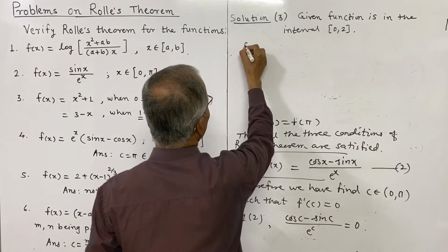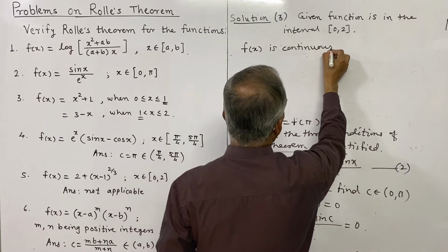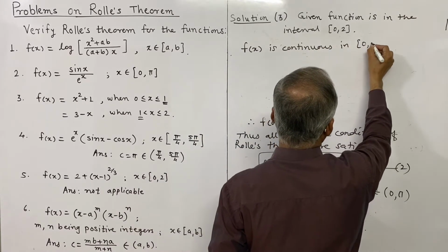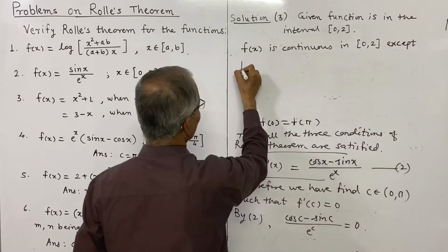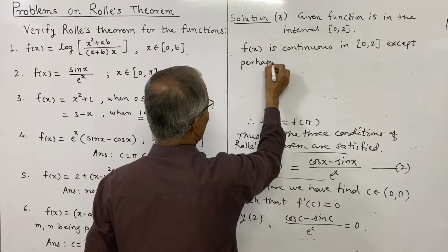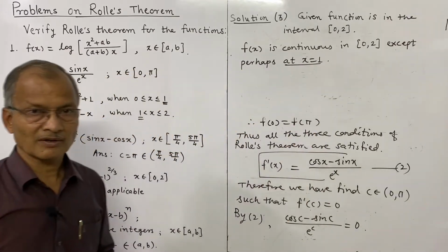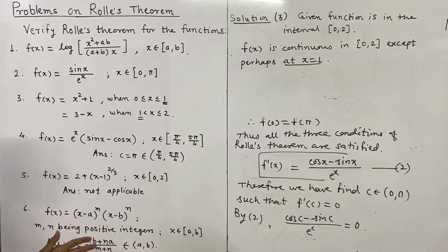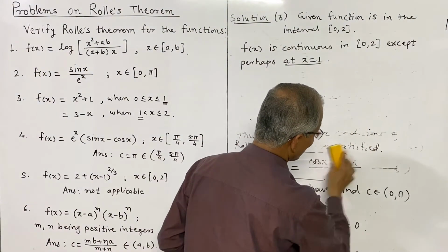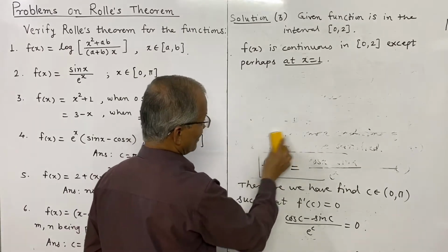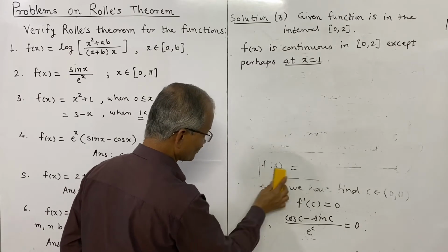So we can write f of x is continuous in the entire interval 0 to 2 except perhaps at x is equal to 1. We don't know about x is equal to 1, whether it is continuous or not, but it is continuous everywhere except the possibility of x is equal to 1. It may or may not be continuous, that we have to check.